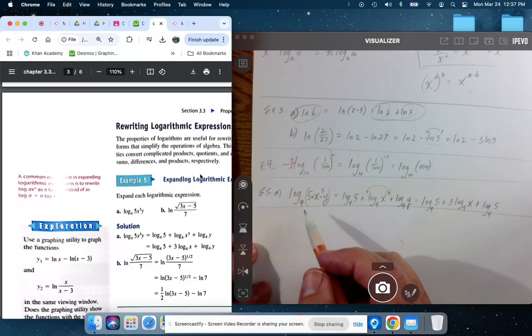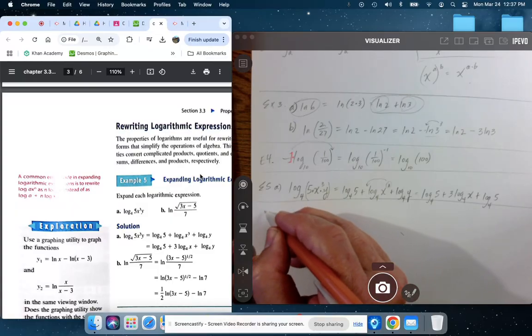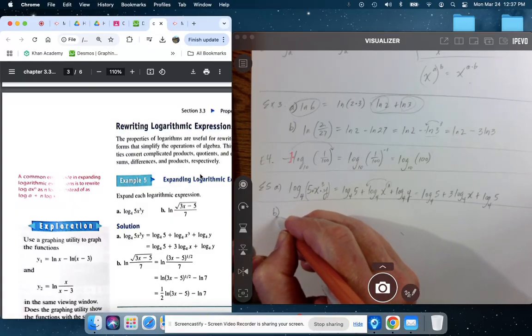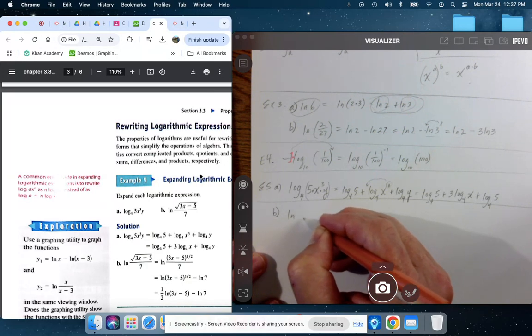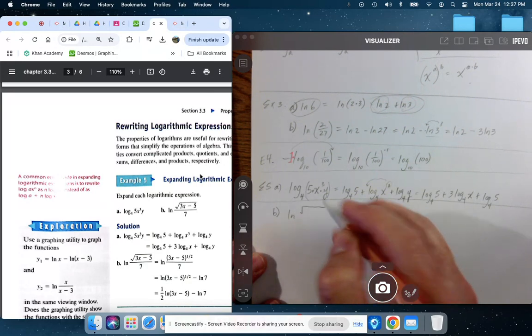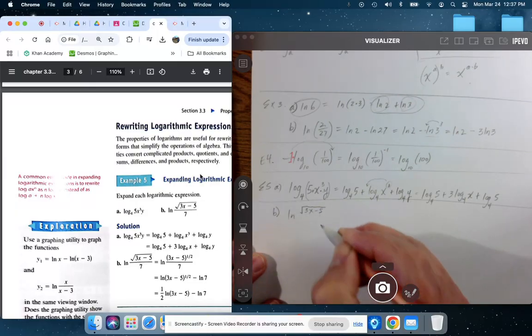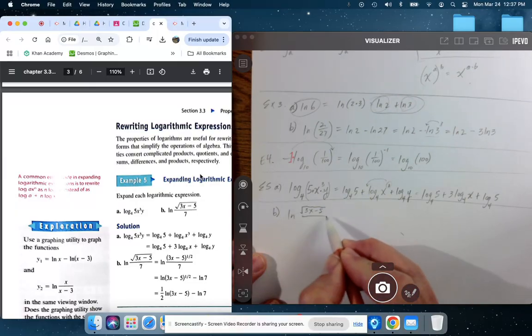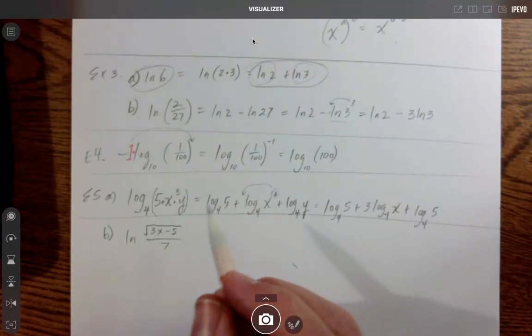Okay, example 5b. We've got natural log of the square root of (3x minus 5) over 7. All right, so I want to expand it as much as possible.